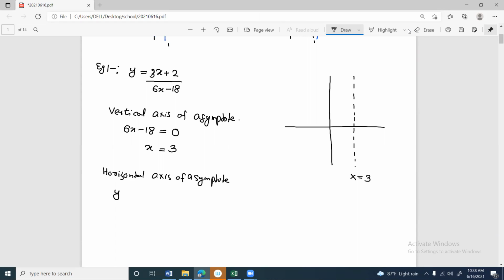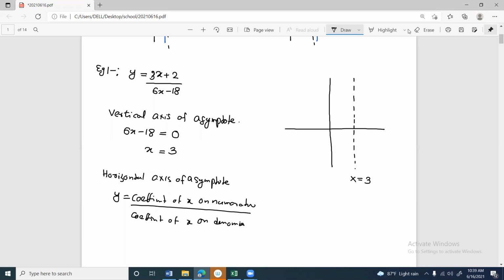The equation is y equals the coefficient of x in the numerator divided by the coefficient of x in the denominator. This is the format for it. So y equals, the coefficient of x in the numerator is 3, divided by the coefficient of x in the denominator, which is 6.